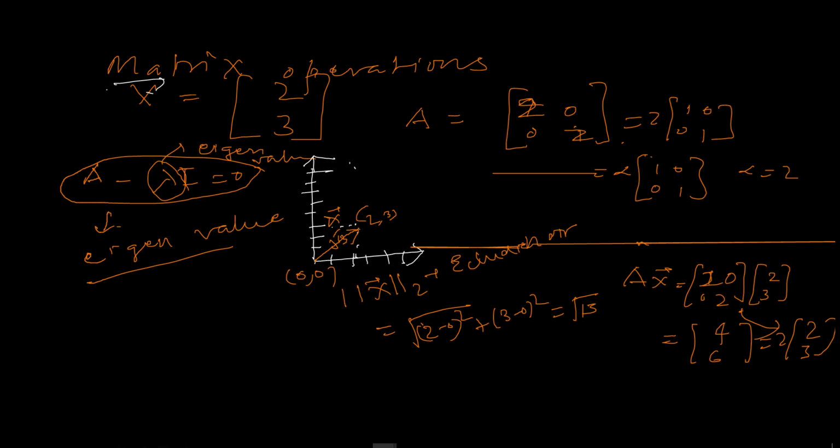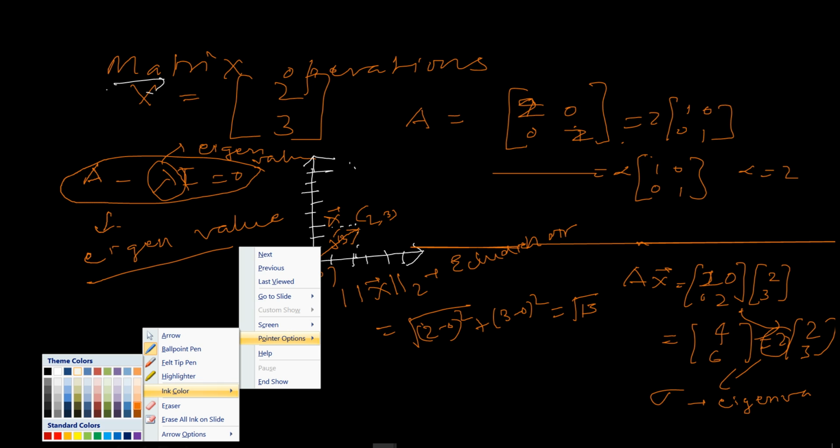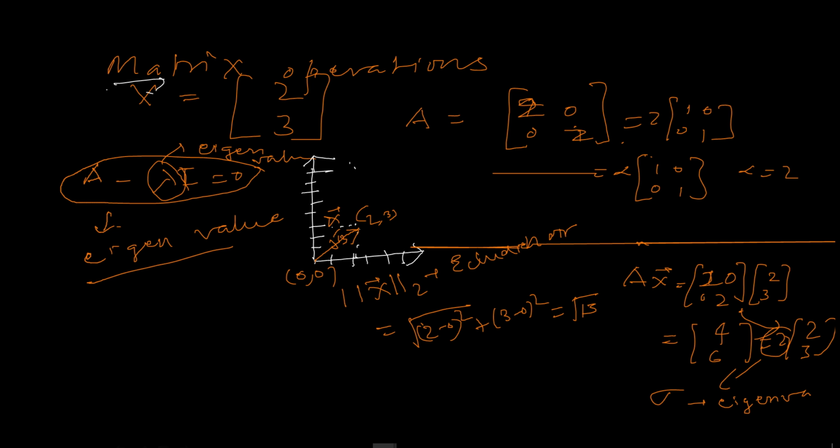So now I will again change the color. In this case, I am extending it, and the magnitude is now 4 and 6, as I am multiplying with 2. This is corresponding to 4, this is corresponding to 6. Okay, so what is the beauty of the eigenvalue?